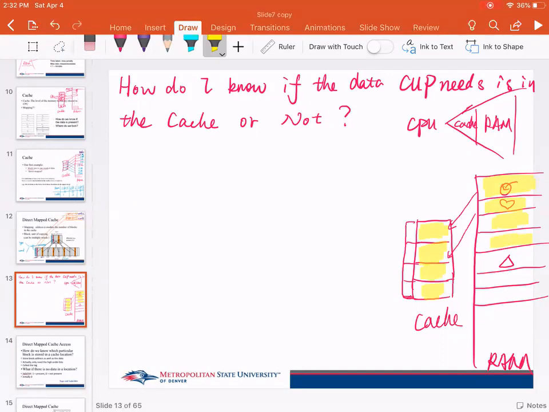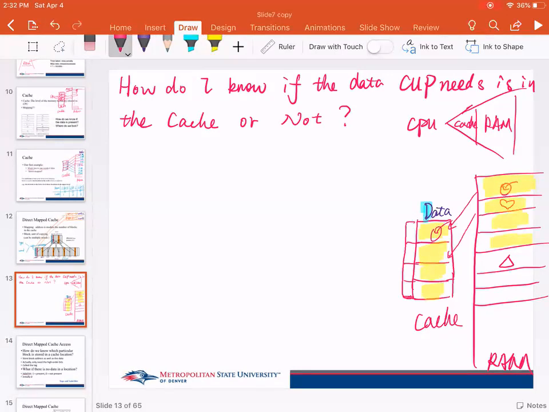So the yellow part is only the pure data. If you want the apple, then the apple might be here. Suppose the apple is here, then you will be happy because the CPU can read it from the cache, and the CPU does not need to go to the RAM to look for the apple.